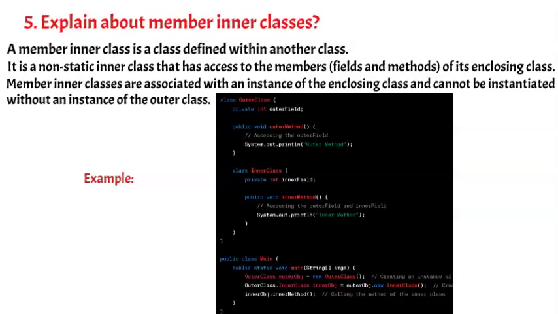In this example, we have an outer class that contains an inner class. The inner class has access to the outer field of the outer class and can also have its own fields and methods. To instantiate the inner class, we need to create an instance of the outer class first using outerObj.new InnerClass. Then, we can use the instance of the inner class to access its methods.